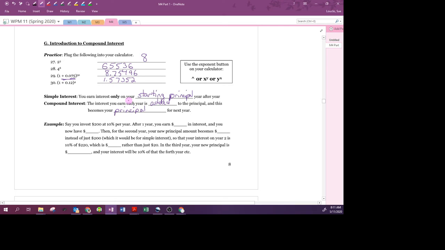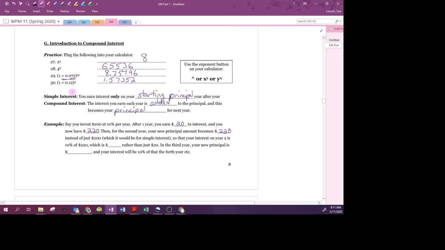For example, say you invest $200 at 10% per year. After 1 year, you earn $20 in interest, and you now have $220. And then for the second year, your new principal amount is that $220 instead of just the 200.